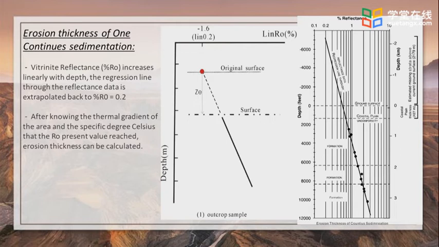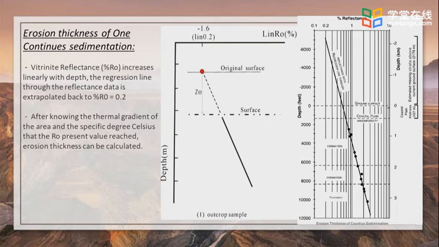So the thickness between the Ro that is reached presently and the Ro of 0.2, which is the original Ro, is the erosion thickness that could be estimated after we know the thermal gradient and the heat flow.